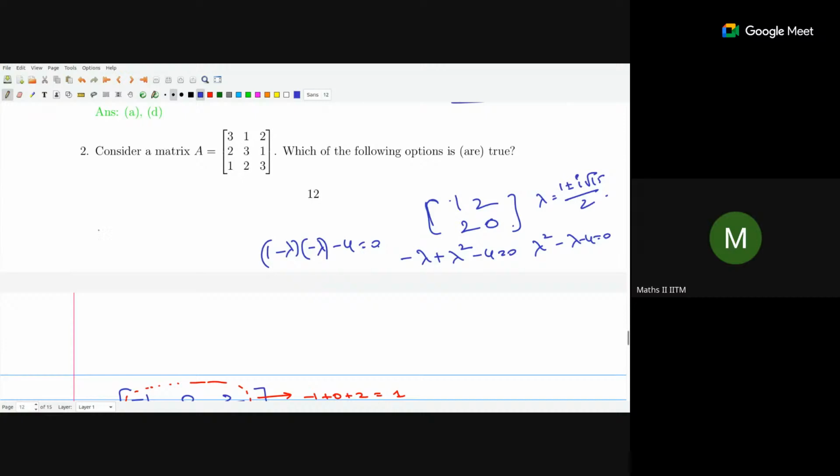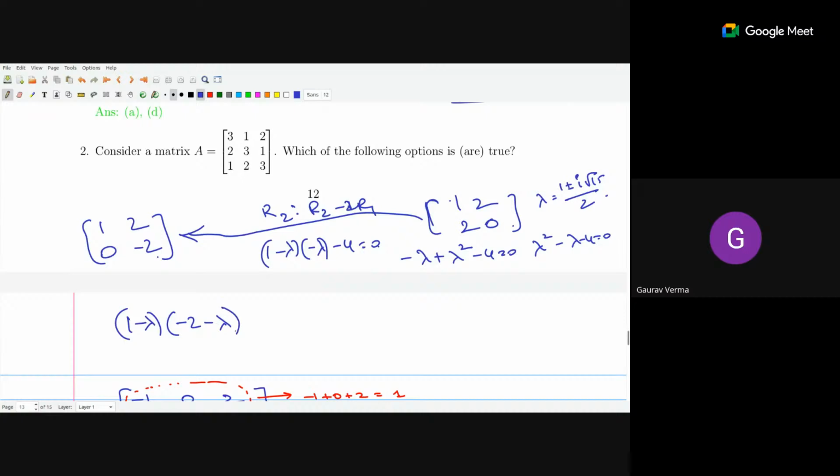Whereas if I just do some row operations, 1, 2, 0 minus 2, right? This is the reduced form. So you do row 2 as row 2 minus 2 times row 1. So for this it will be 1 minus lambda into minus 2 minus lambda.